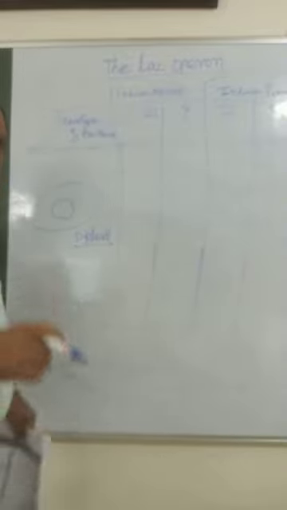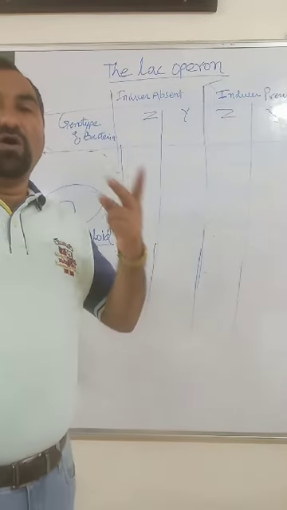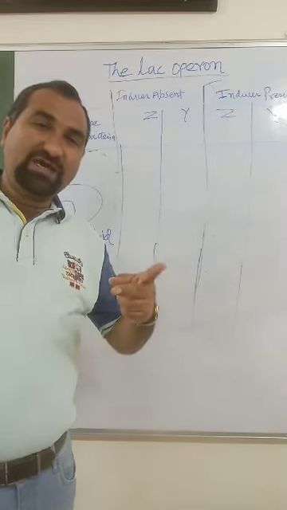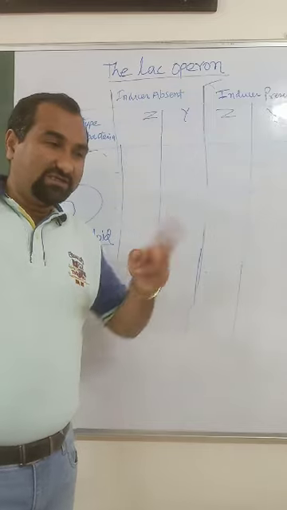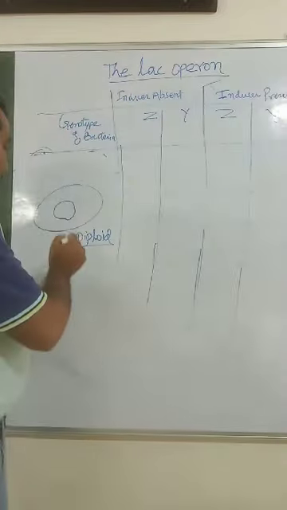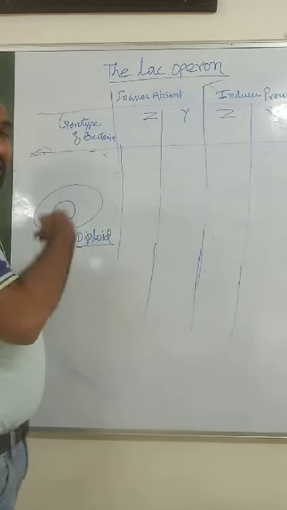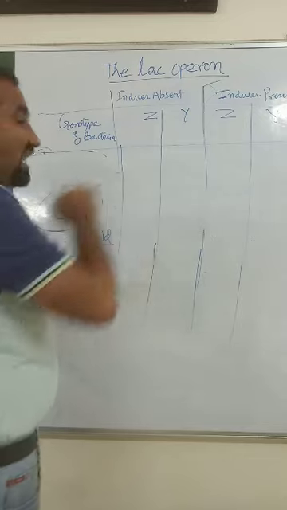A diploid cell is one that possesses at least two copies of one gene. Whether these copies are same or different, these different copies are known as alleles, and same. So this bacteria which is haploid can become diploid for these lac genes.